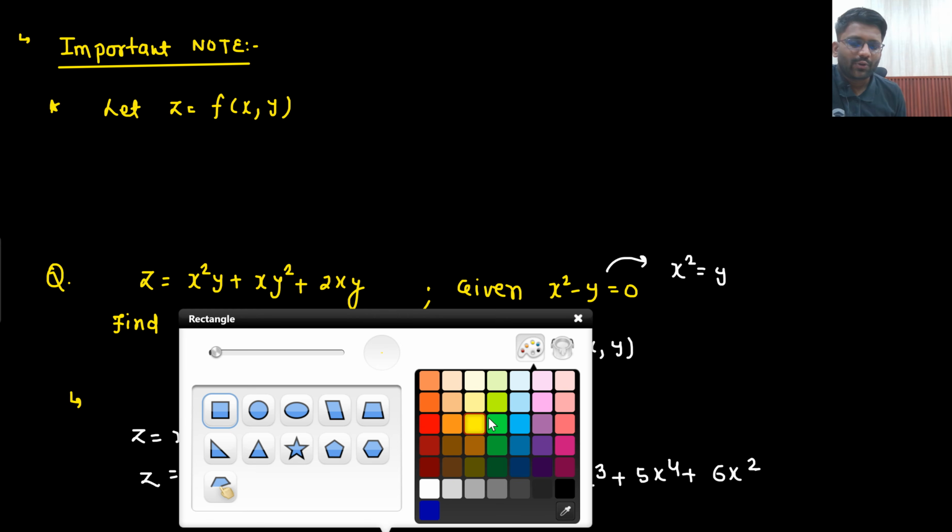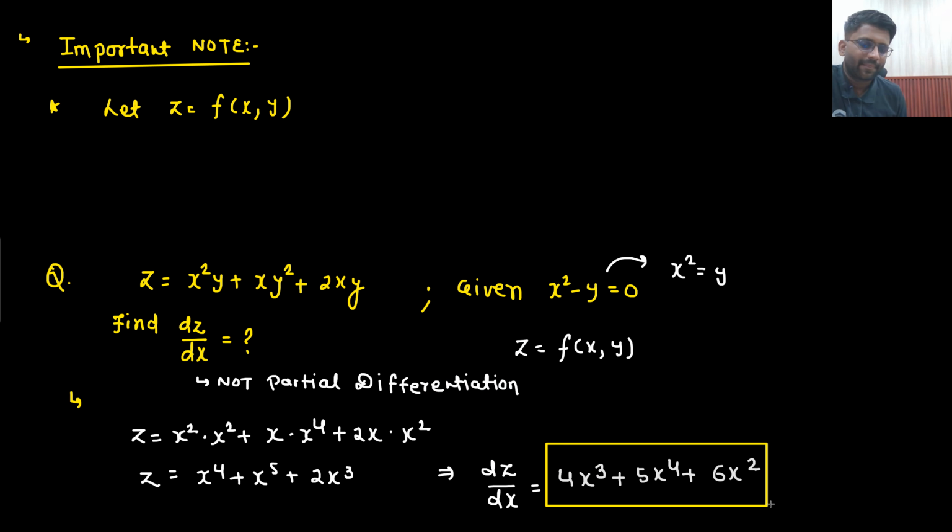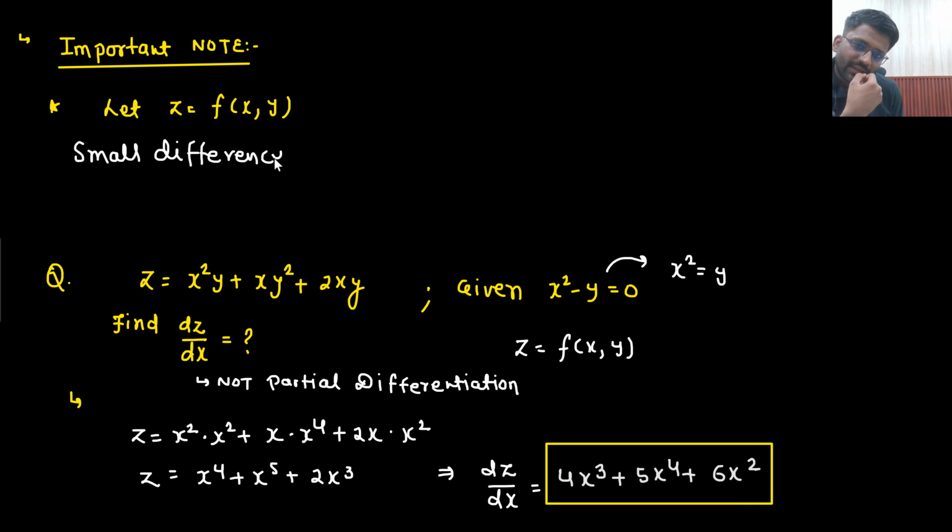So sir, what important note are you going to write down? This thing we already know. The point is that if your z is a function of x comma y, then a small difference in z, what do we call it? dz, or we can call it the derivative of z.